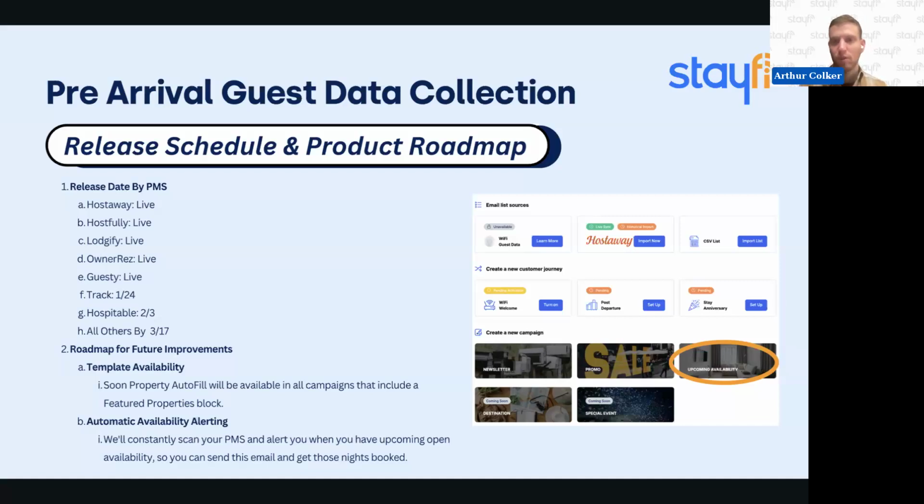So why don't you put these properties that are available in one of these emails and send them out so you try to get these upcoming open nights booked soon instead of just letting them go. At least we're going to try to help you automate that so you don't have to go and manually look all the time if any property has some nights open.